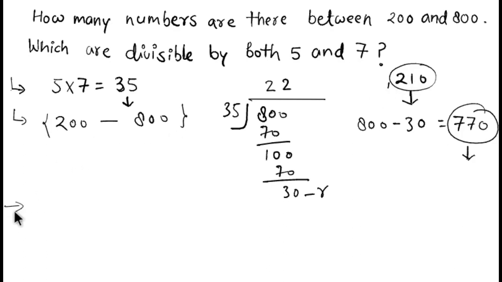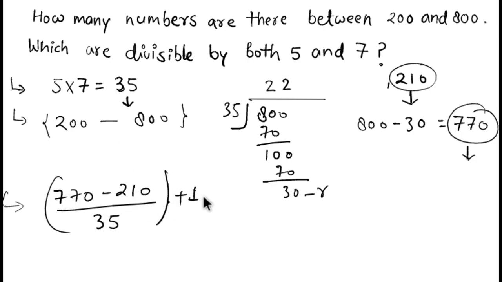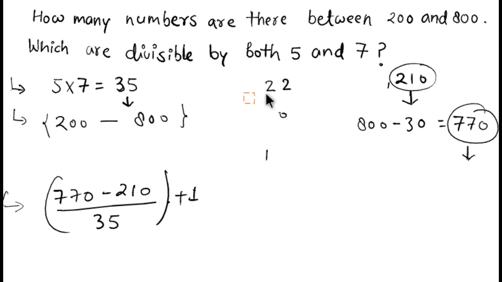So now the final step, to find how many numbers between 200 and 800 are divisible by both 5 and 7: I just subtract the smallest number from the biggest number, like here 770 minus 210, divide it by my number 35, and add 1 to it. That is the method to find the required count.